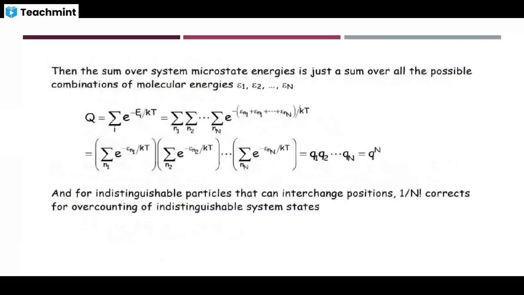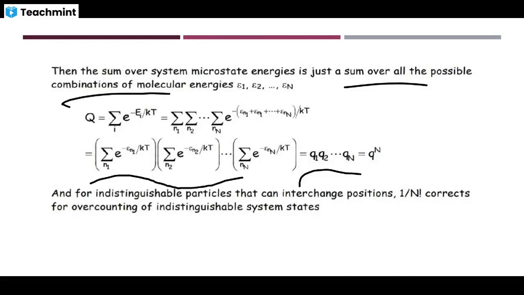Then the sum over the system microstates is just the sum over all possible combinations of molecular energies. So E is nothing but E_n1 plus E_n2 and so on. If the energies add in the exponent, you can separate it by multiplication. So this is the multiplication of partition functions: Q1, Q2, up to Qn gives q to the power n.